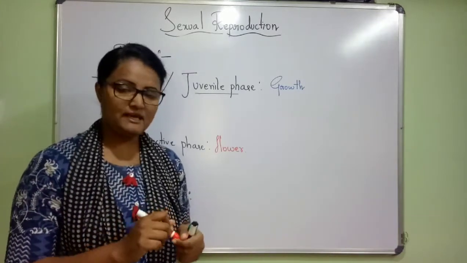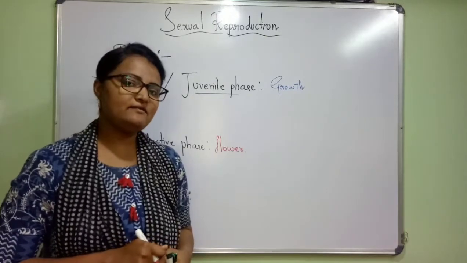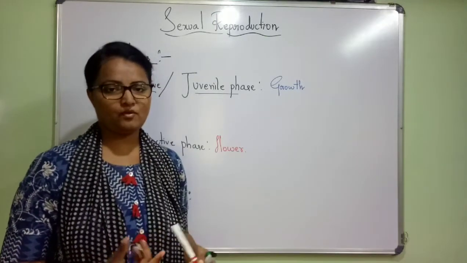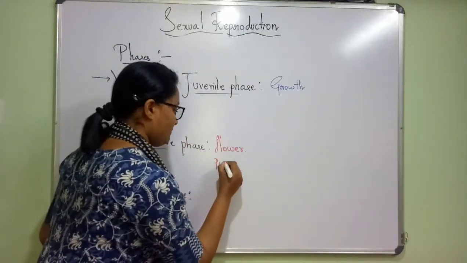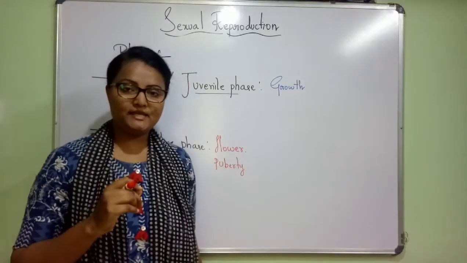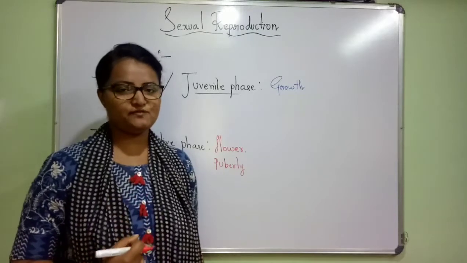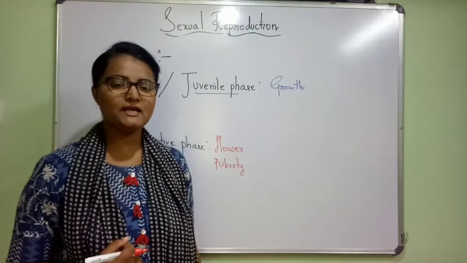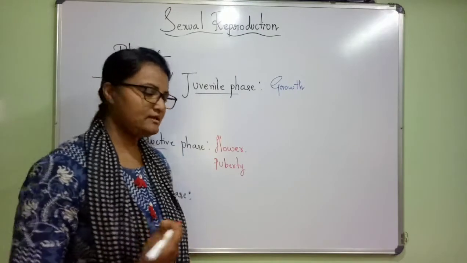In the same way, in animals, especially human beings, I'll take an example. We can say we are in the reproductive phase at the time of puberty, when we attain maturation, especially female individuals. How can we locate the maturation phase in us?